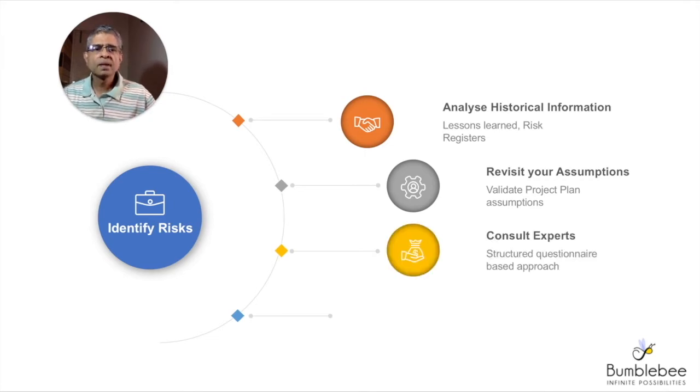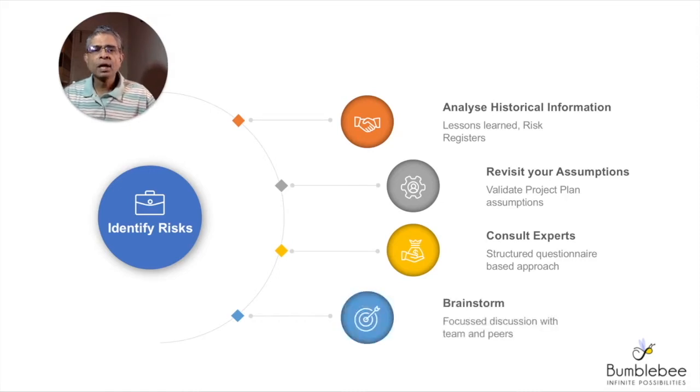The third is to consult some experts. Ask them with some structured questionnaire if they have come across any risks in similar projects and how they could be of help to us in preparing the risk management approach to the current project that we are in.